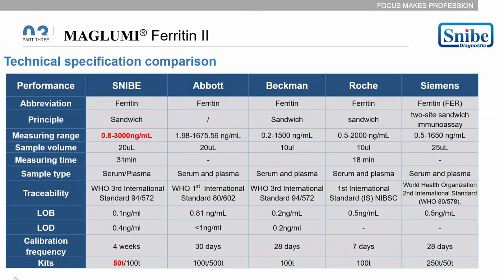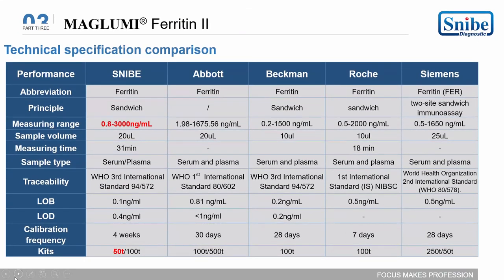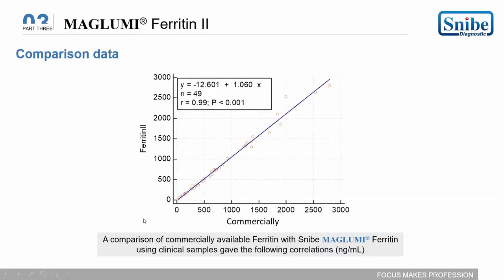If you go further to the second generation, we have an edge of broad measuring range and number of tests, which is equally good in the ferritin second generation. And the edge is that both serum and plasma are available in the second generation, as compared to the first generation, which was only recommended for serum.